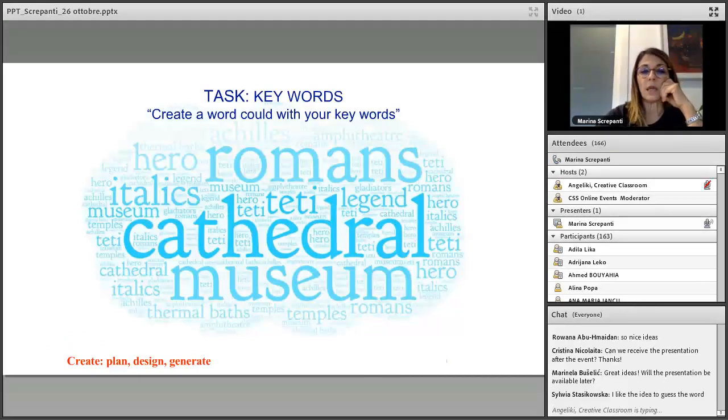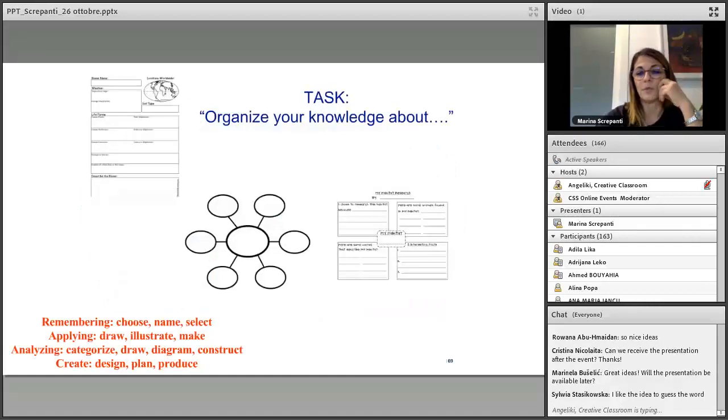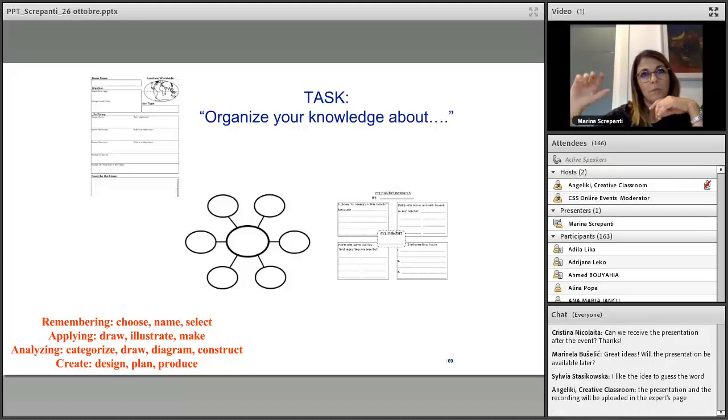With the keywords, they can create word clouds, and you can use web tools for these. Then you can organize your knowledge. This is the creation, so it's something that asks for the higher thinking skills.